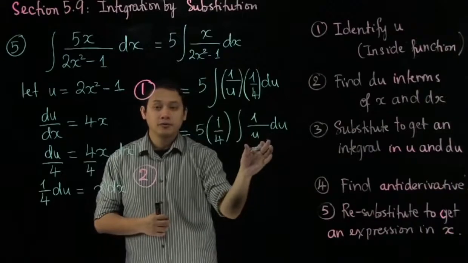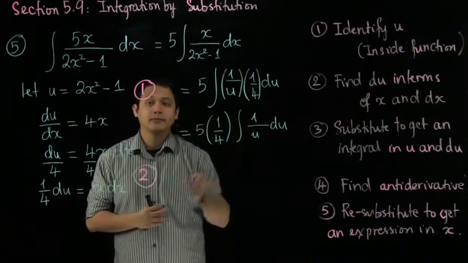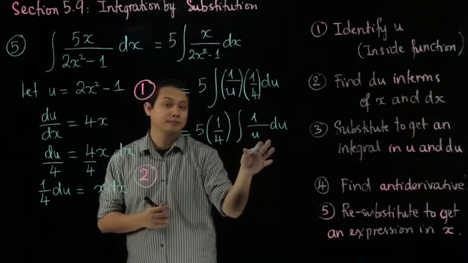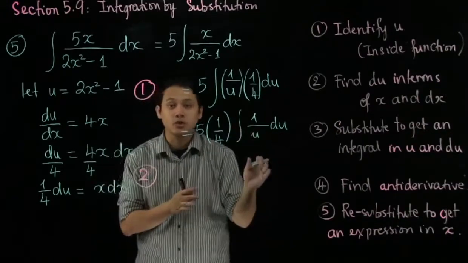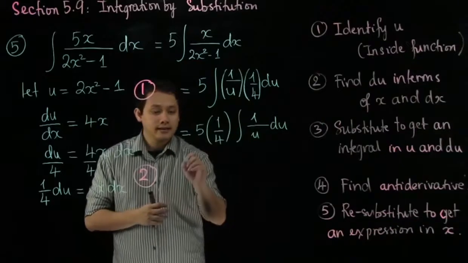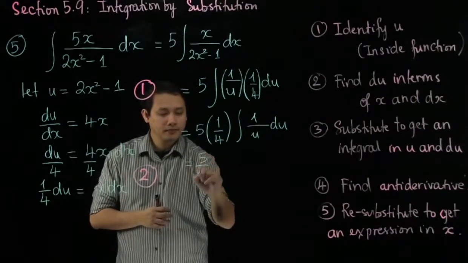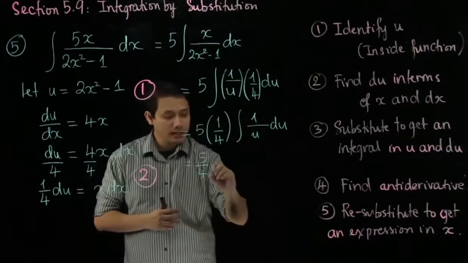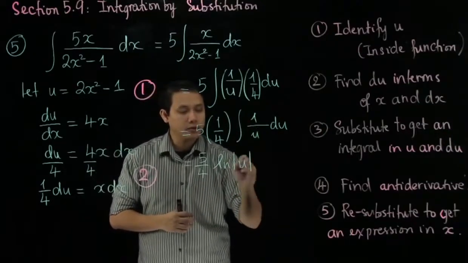Be careful here with the antiderivative of 1 over u, because you cannot use the power function; 1 over u has a special formula. The antiderivative of 1 over u is ln of the absolute value of u.